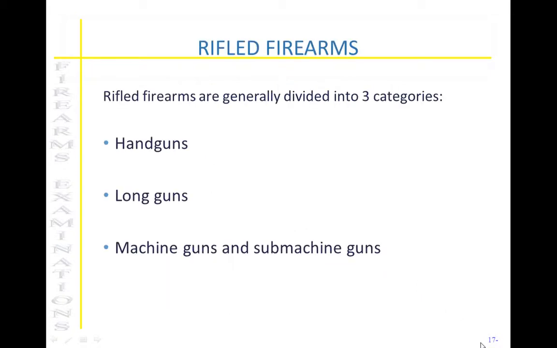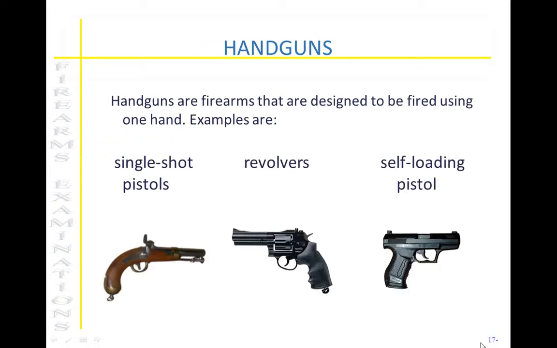Rifled firearms can be divided into three categories, either handguns, long guns, or machine guns and submachine guns. Handguns are firearms that are designed to be fired using one hand. So this slide contains several examples of a handgun, either a revolver, self-loading pistol, or single-shot pistols.